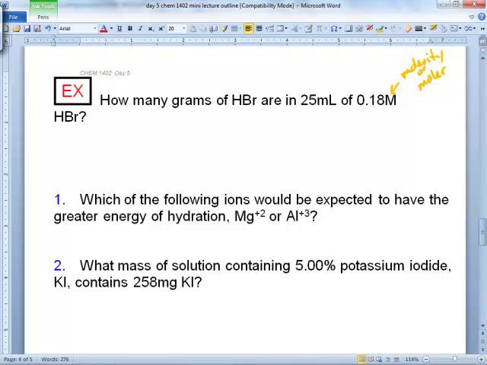Big M stands for molarity or molar. Each one will work. So pick the equation. You have 4 choices. You have everything you need to solve for the unknown.